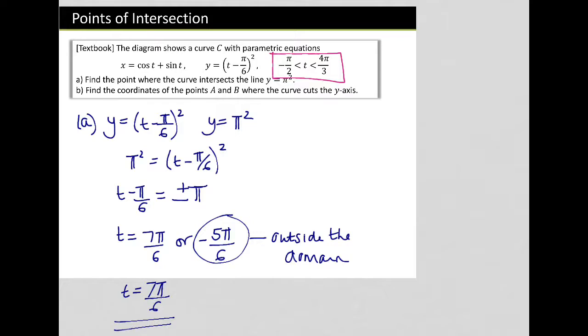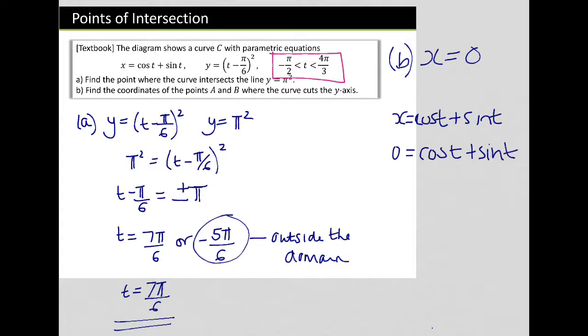So for x equals cos t add sine t, we're now going to say 0 equals, because this is part B and it's when x equals 0, cos t plus sine t. So sine t equals negative cos t. So tan t equals negative 1.